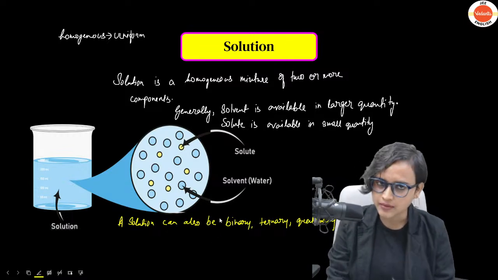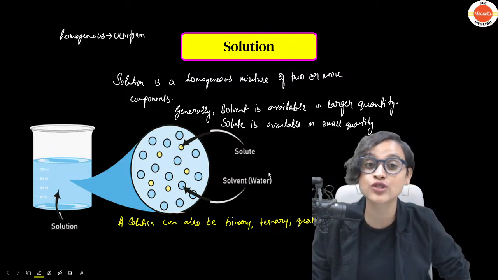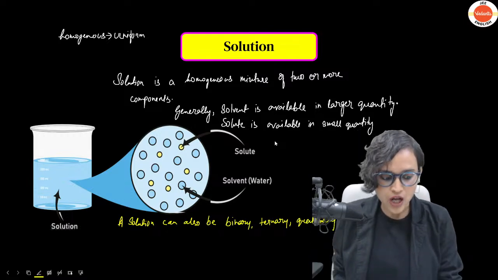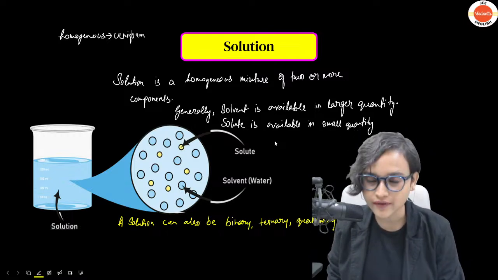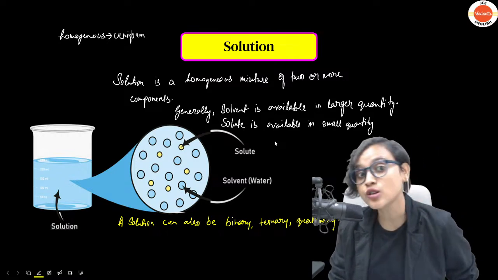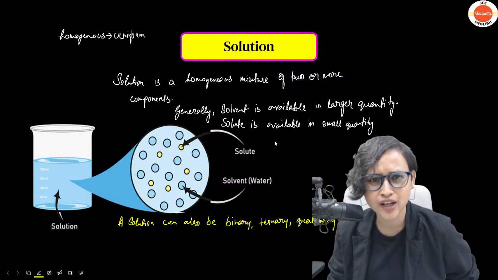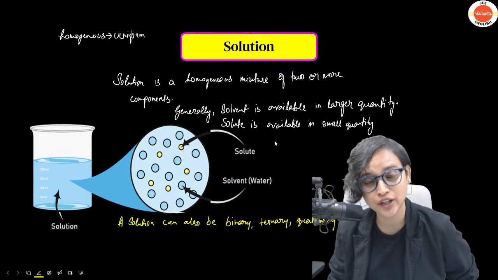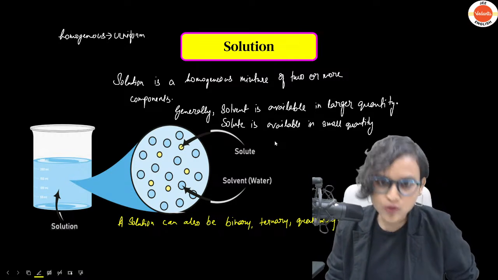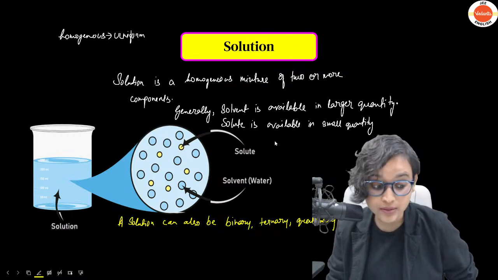Now, whenever we say solution, in our mind we always think that a solution has to be liquid. What if I tell you that actually no, there is also a possibility of a solid in solid solution, a liquid in liquid solution, a gas in gas solution. Are you going to tell me, no ma'am, you have gone crazy and that's not possible?